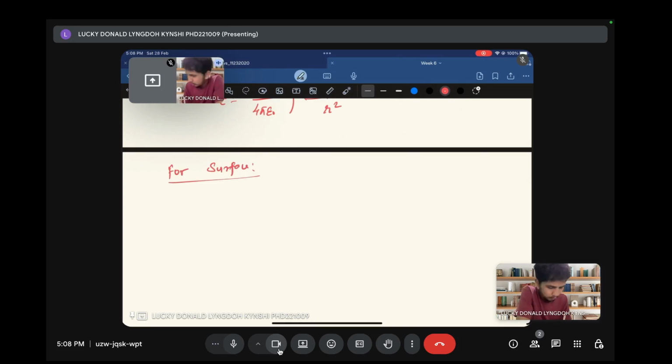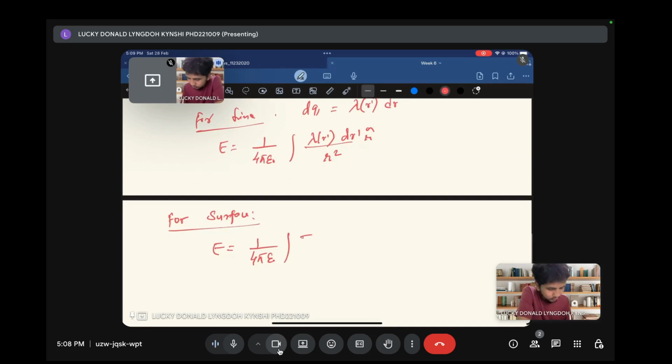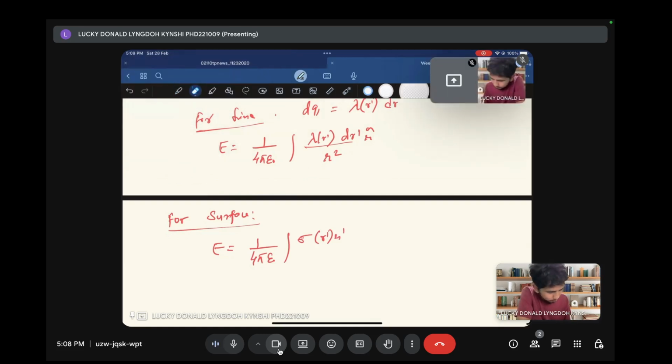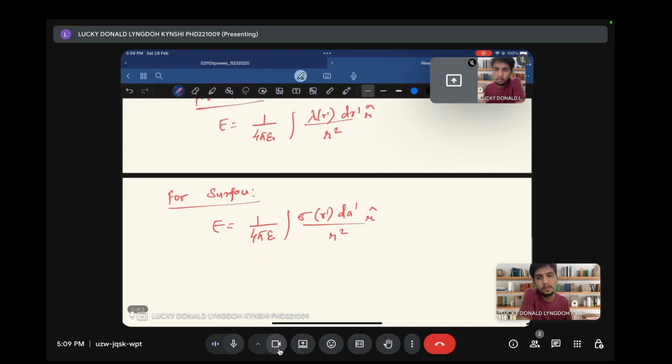for surface charge, E is equal to 1 by 4 pi epsilon naught, and instead of lambda dr, you have the surface charge density sigma of r prime, da prime, divided by r squared, r cap. So you replace by the surface charge density, and for a line you replace by the charge per unit length. Lambda is defined as charge per unit length, and sigma is charge per unit area, which we also call the surface charge density.